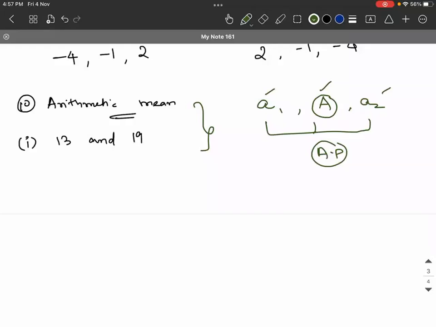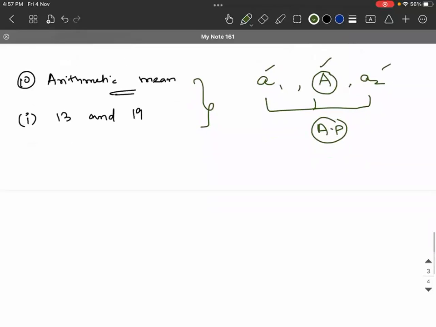Is that point clear? I'll give you two numbers and say between those two numbers, insert one number so that after you put that number in between A1 and A2, the sequence A1, capital A and A2 should become an arithmetic progression.